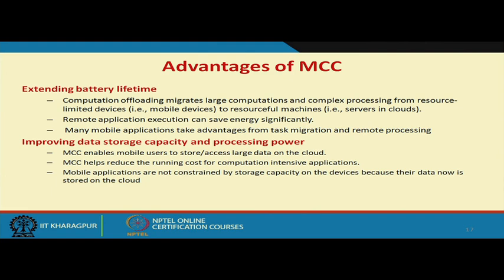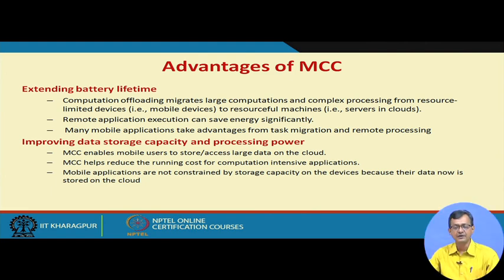So, there are several advantages, we have already looked into a few of them, and one is extending battery lifetime. As you are offloading some computing, if it is resource hungry, then you are saving energy and battery lifetime.